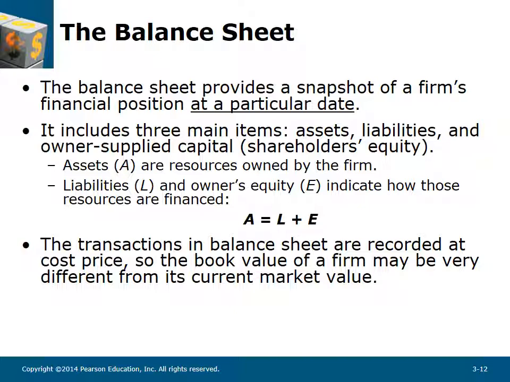Now, to refresh our memory, assets are resources owned by the firm. Things like cash, equipment, buildings, land, accounts receivable, those being amounts owed to the company by customers. Liabilities are amounts the company owes, things like accounts payable.